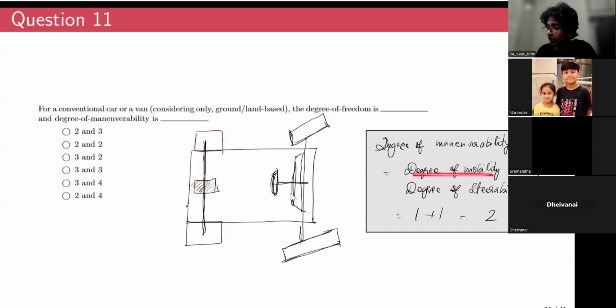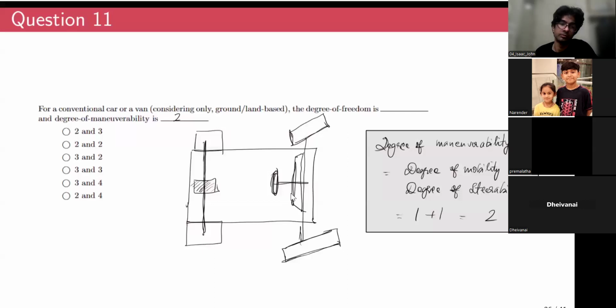So the degree of mobility is 1, and for degree of steerability, you have one steering input provided by the user using the steering mechanism. You are steering the two wheels, but you are only giving one input. So in that regard, the degree of steerability is also 1. So the degree of maneuverability is nothing but the degree of mobility plus degree of steerability, which is 2. Okay, so that is correct.